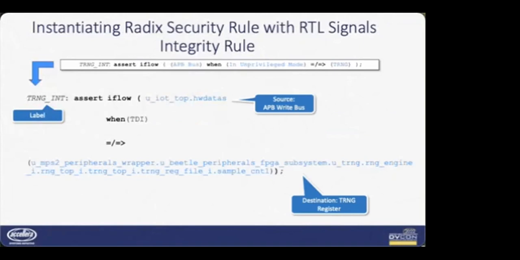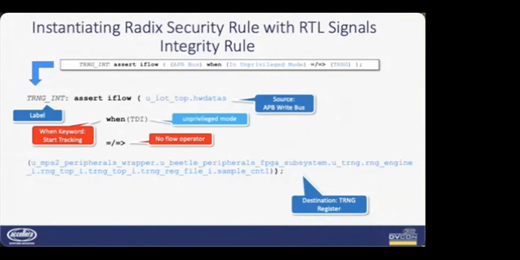Note once again that the address, the destination, and the source have now been switched as opposed to the confidentiality rule. We want this write request to not influence the sample count register. The no flow operator says that, and we want to start tracking this information when we are in unprivileged mode.